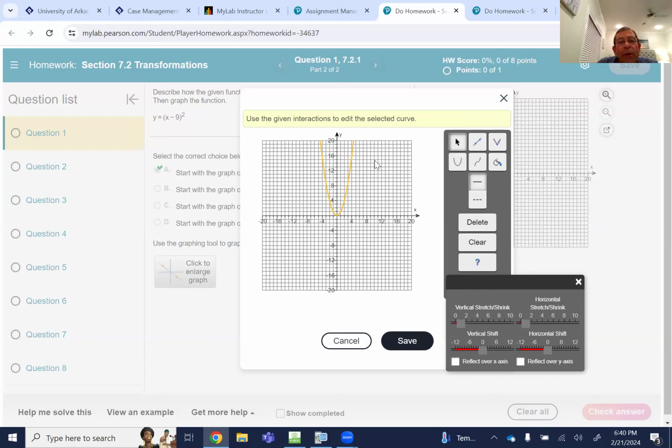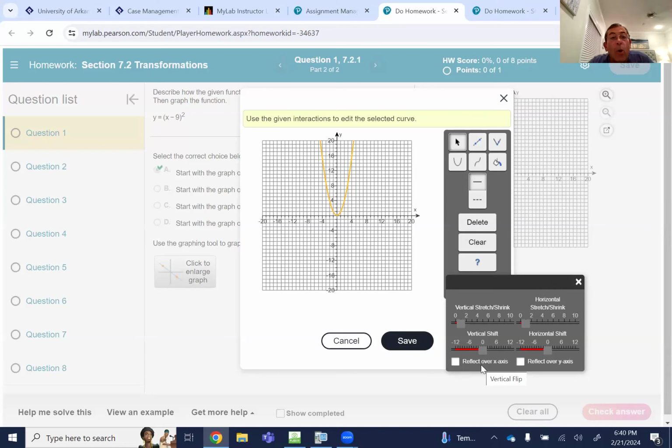Now, you told me this went 9 to the right. So do y'all see this little slide box down here? It's got vertical shift on the left side, horizontal shift on the right side. Don't worry about that shrink stuff on the top. We're looking at the vertical shift, horizontal shift, and then if we got a reflection, we'll click that box in the bottom left.